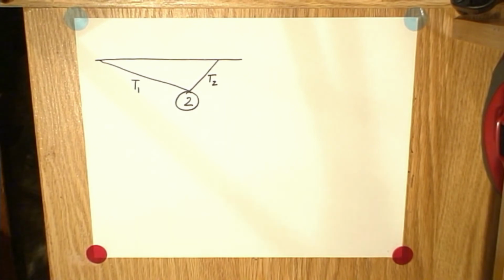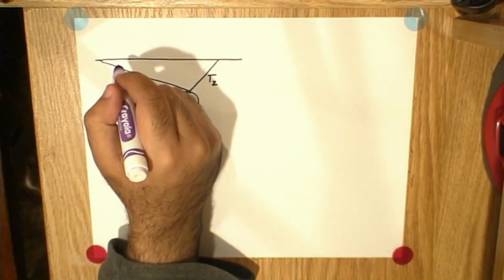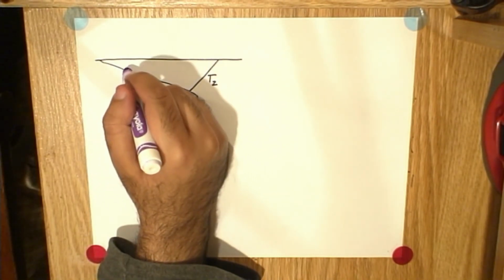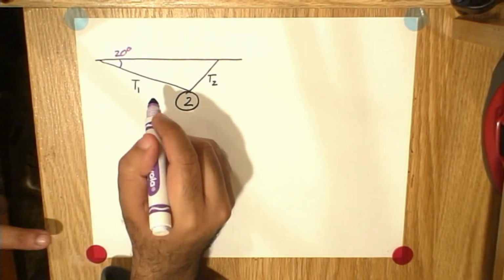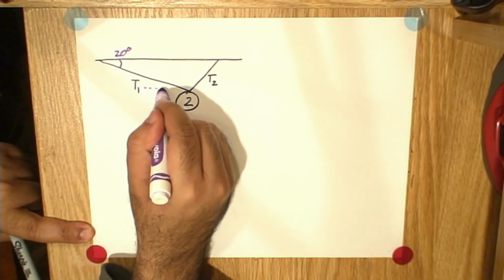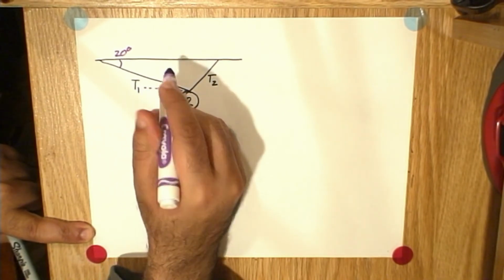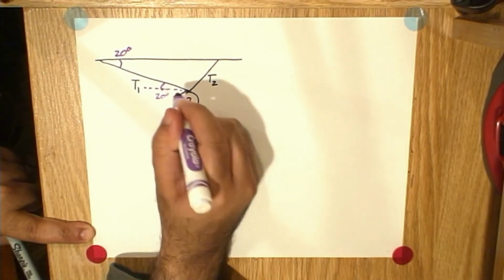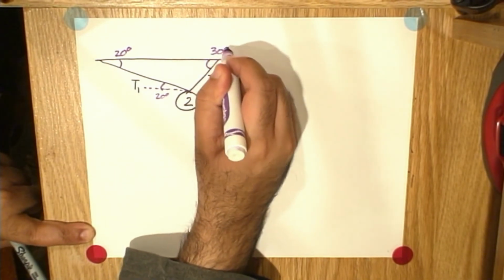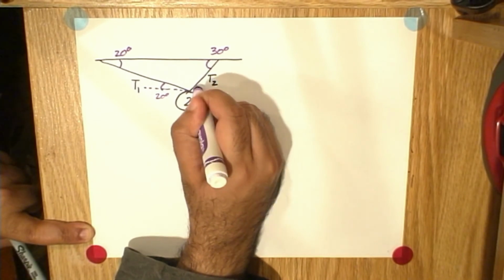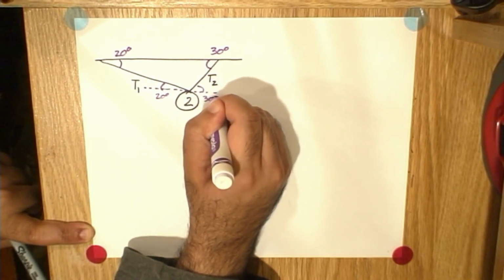to solve. Now, we were told that the left string is oriented at 20 degrees below the horizontal, and that means that this angle must also be 20 degrees. Likewise, the right string is oriented at 30 degrees below the horizontal, which means that this angle must also be 30 degrees.